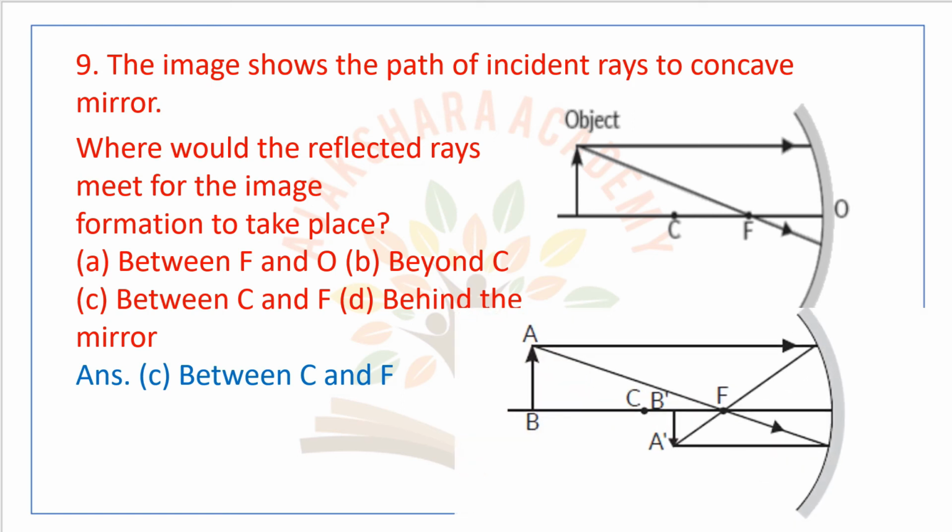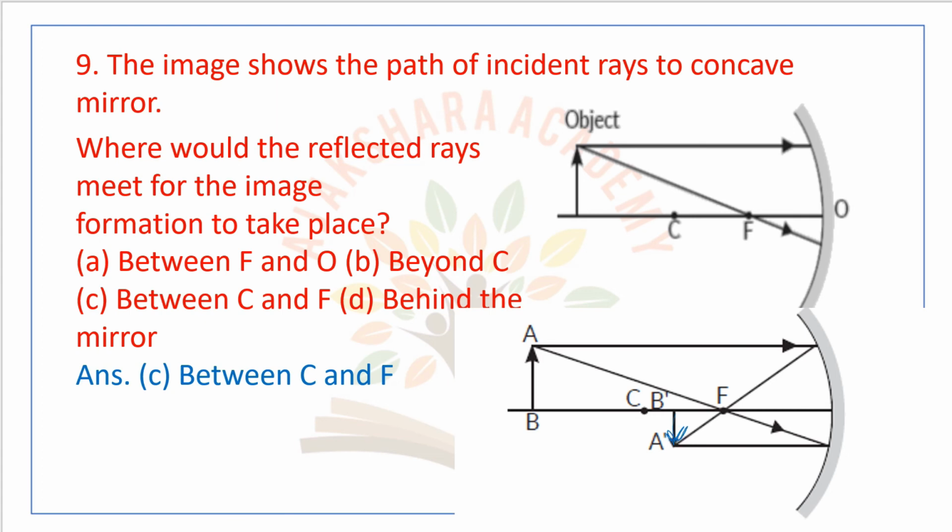See, this is the image formation. First, this is the object placed. One is the ray which is parallel to the principal axis, passing through the focus. The other ray is passing through the focus and is parallel to the principal axis. These two rays meet at this point. This is the image position.